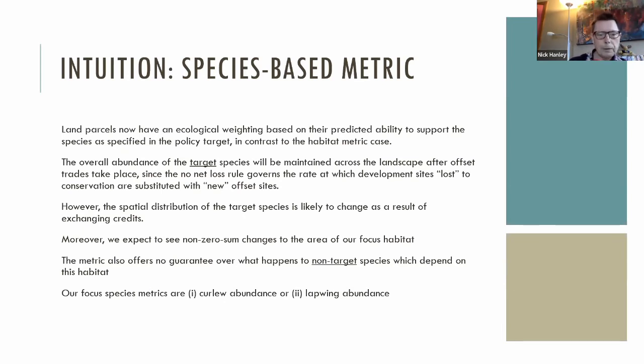And the overall abundance of the target species should not change because we've got a no net loss rule for that species. But the spatial distribution of that species is likely to change as a result of exchanging credits. And we might also see some non-zero sum changes to our area of focus habitat. So for us, if you remember, that's low intensity grassland. So that might go down or it might go up.